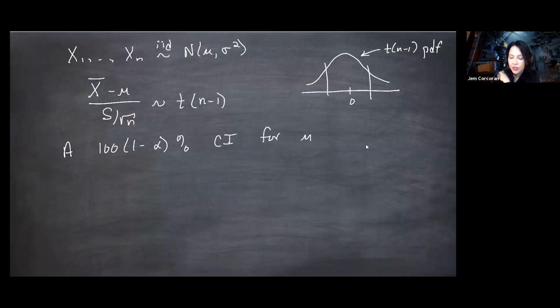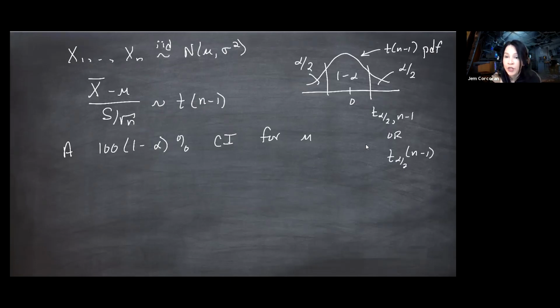If you have area 1 minus alpha in the middle, then you have alpha over 2 on each end. So you would use a little t sub alpha over 2, but that doesn't tell you which t distribution it is. So sometimes you'll see t sub alpha over 2 comma n minus 1, or sometimes t sub alpha over 2 of n minus 1. I don't care what you use. I don't care if you call those two lines A and B, as long as you draw the picture and say it captures this area.